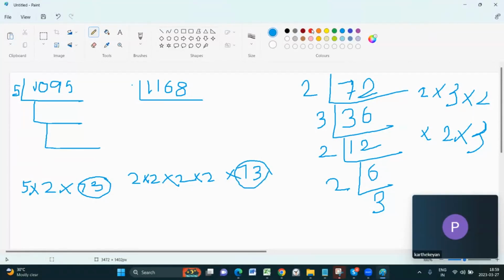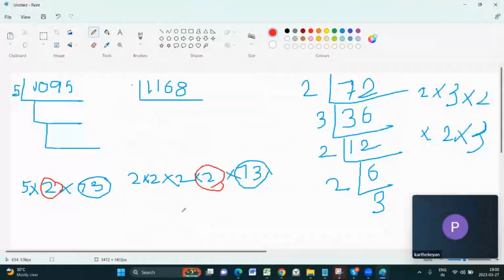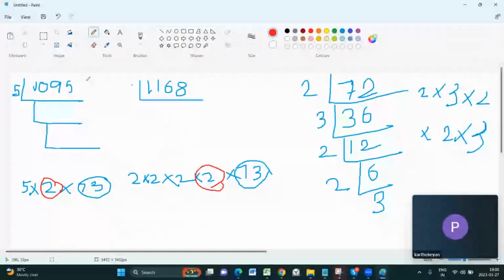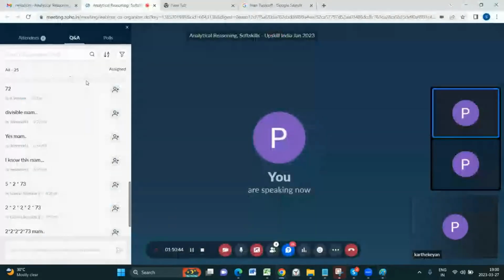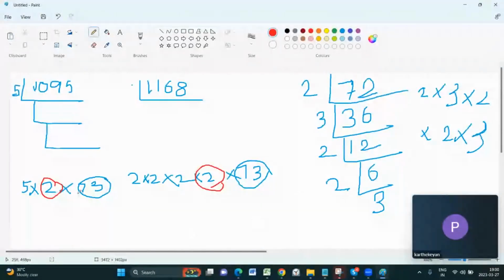I will use another color. You have 2 here and you have 2 here. Now tell me, which is the highest common factor here? 73 and 2 are common factors.